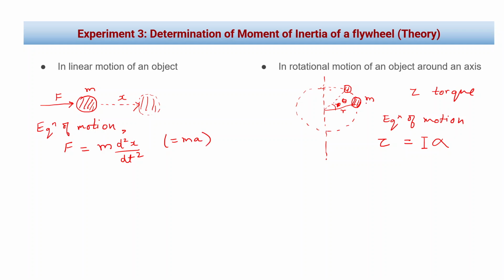For this rotational motion, the torque is given by moment of inertia times angular acceleration. The angular acceleration will be the double derivative of this angular displacement.